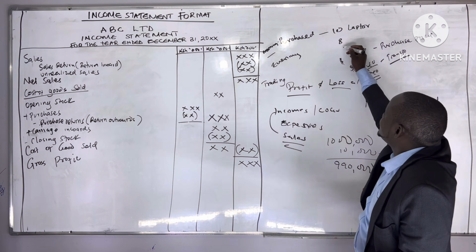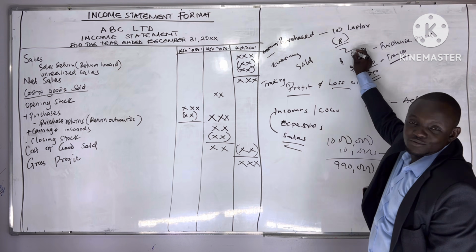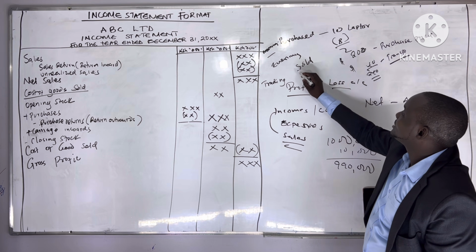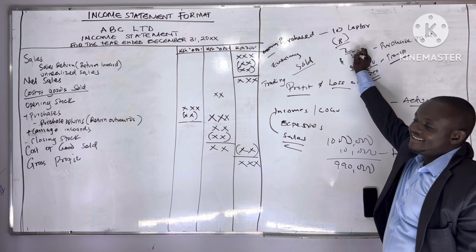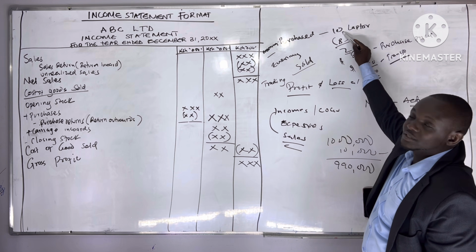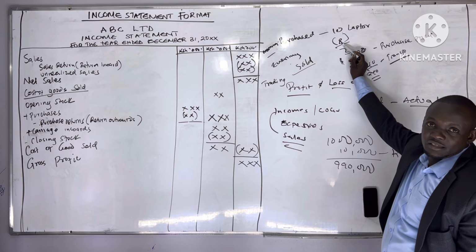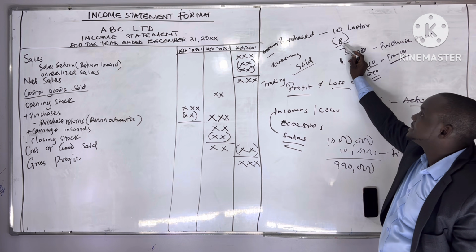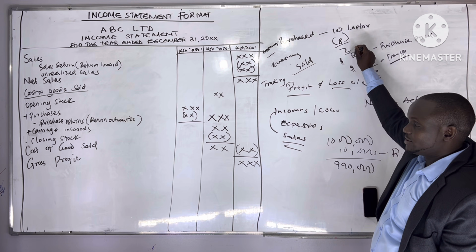It simply means what was sold was actually 2. So the goods sold was 2. That is why you can see in the morning you had 10 laptops, in the evening you are remaining with 8. How many laptops have you sold? You take 10 minus 8, you know you sold 2, the ones that are not there.